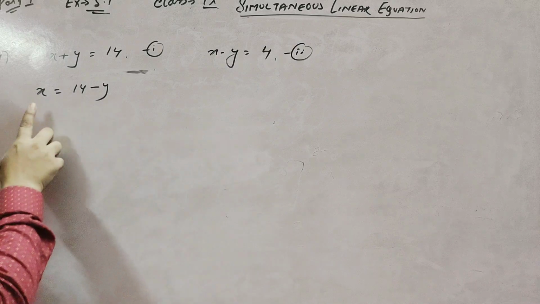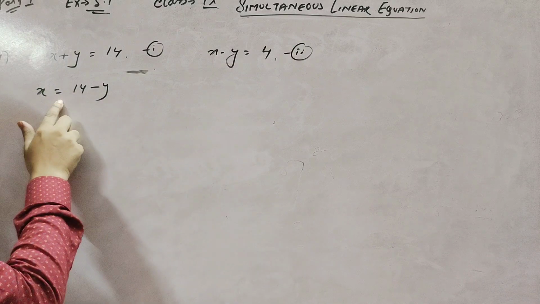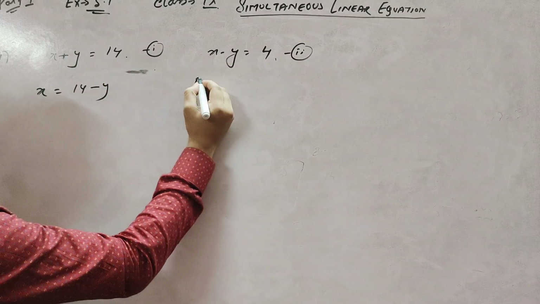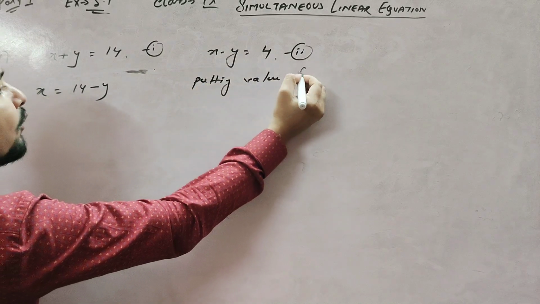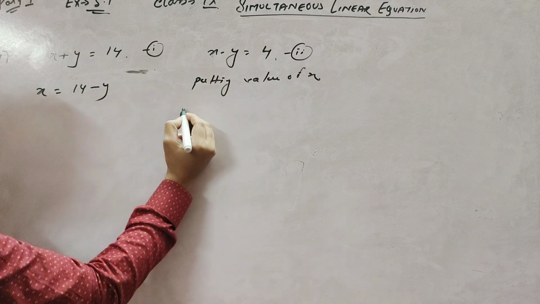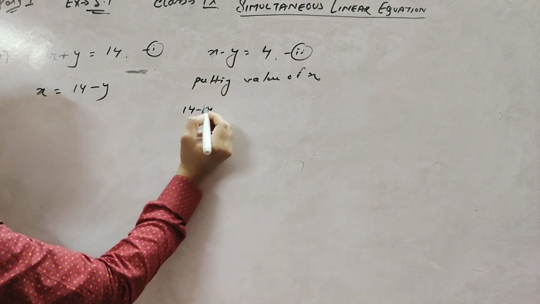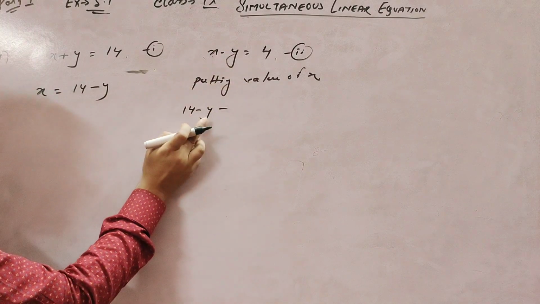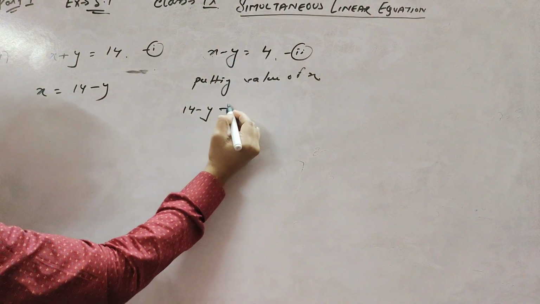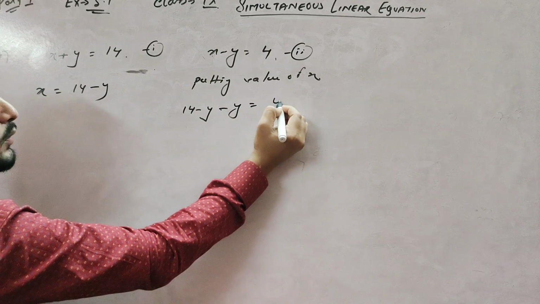So here we find the value of x, that is 14 minus y. Just putting the value of x in this equation. In place of x we write down 14 minus y, minus y equals 4.